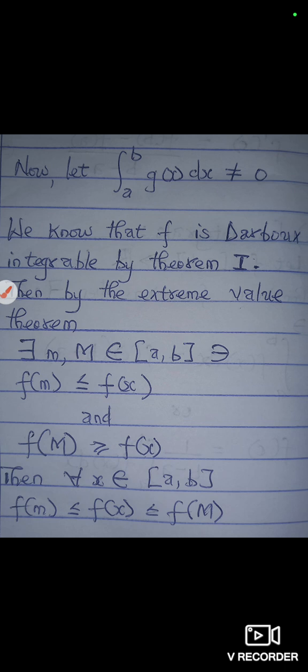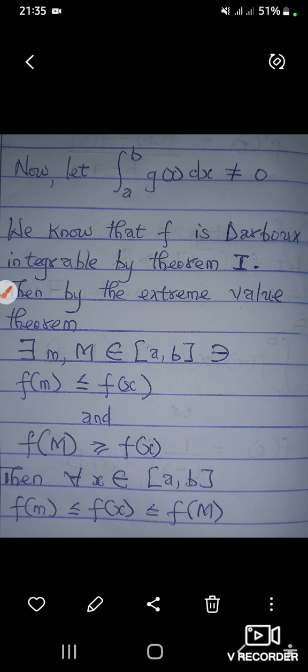Now what does this statement mean? The function at small m is smaller than or equal to f of x, and the function at big M is greater than or equal to f of x. That means f of x is definitely bigger than small m and smaller than big M. That is what is written there.